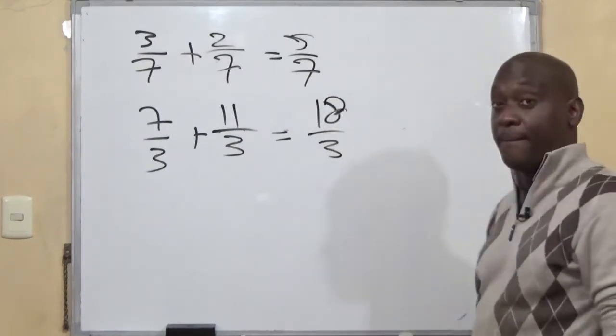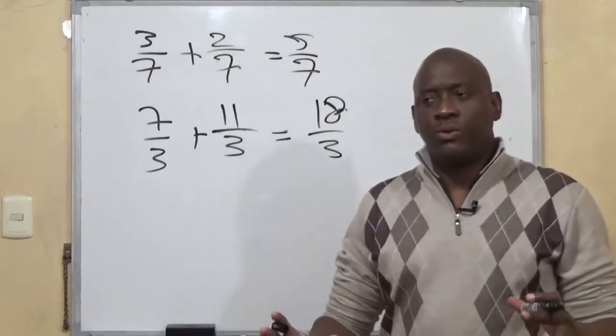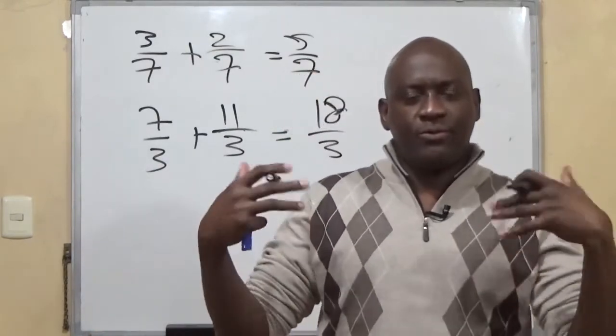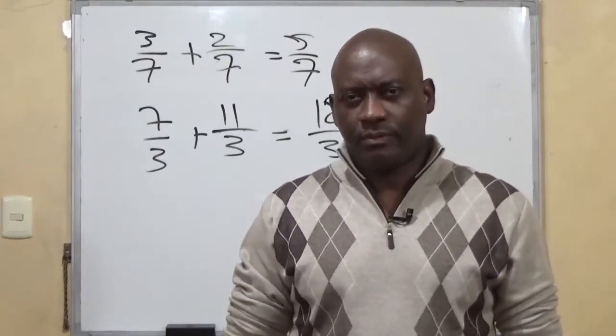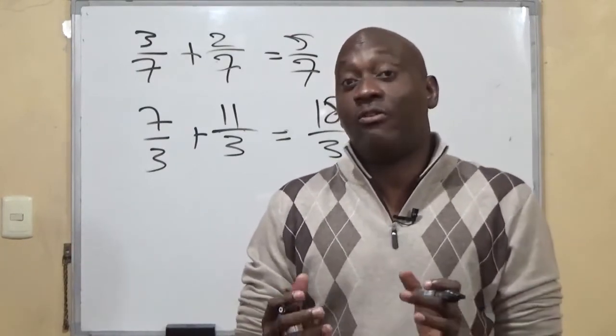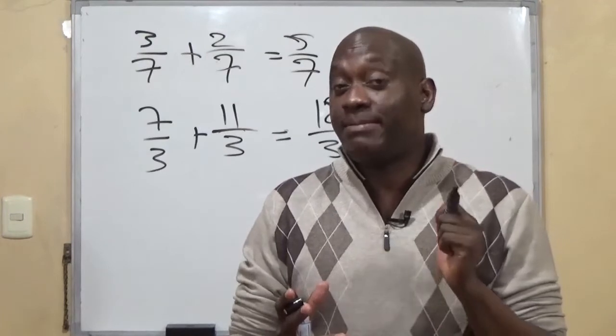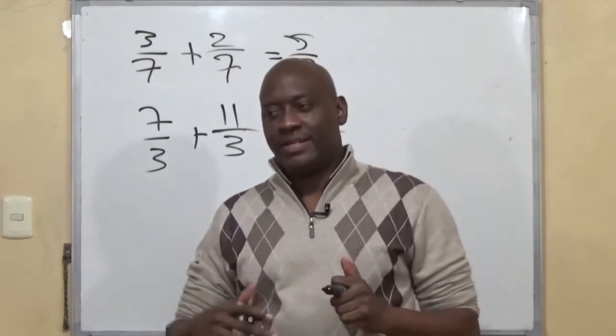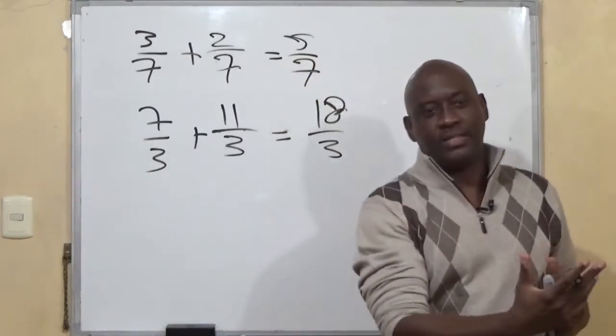We're not dealing with that here. Anytime you have 2 fractions to add, if those fractions are already in the same denominator, then you just add the numerators.